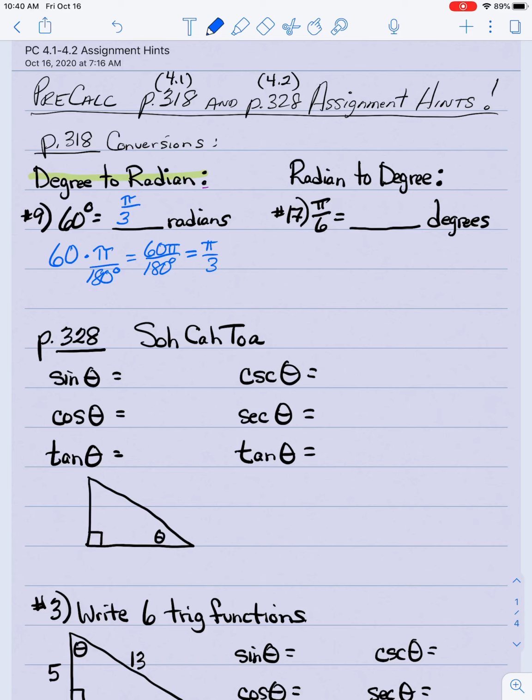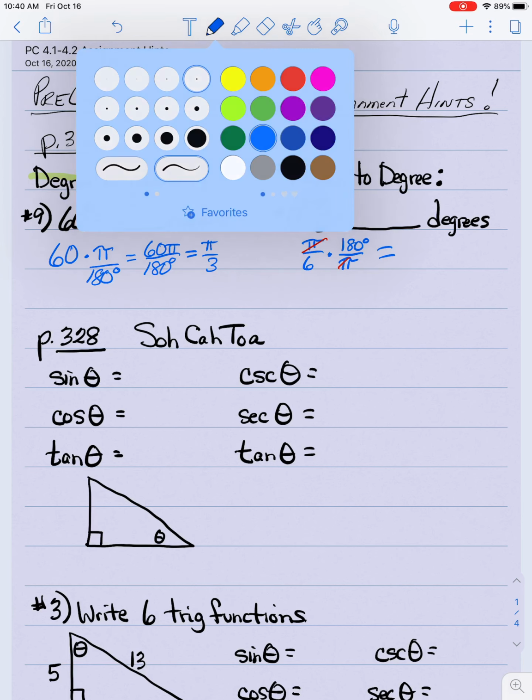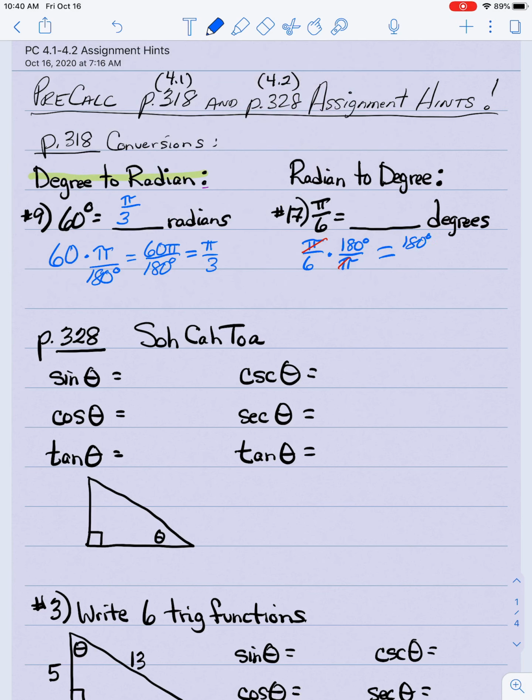Okay, and going the other direction, if we start in radians, pi over 6, multiply by 180 over pi to do the conversion. Okay, in this case, the pi's cancel, and you're left with 180 over 6. So 180 divided by 6 is 30 degrees. Okay, and that takes care of your conversions.